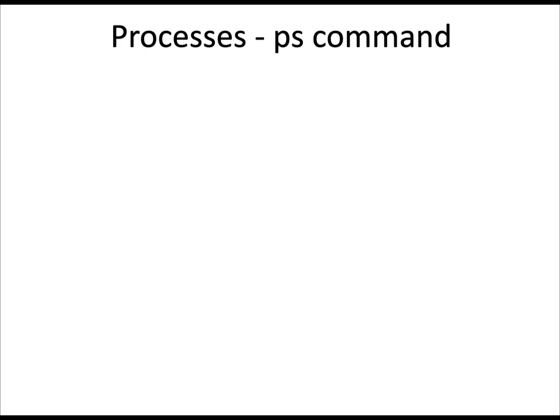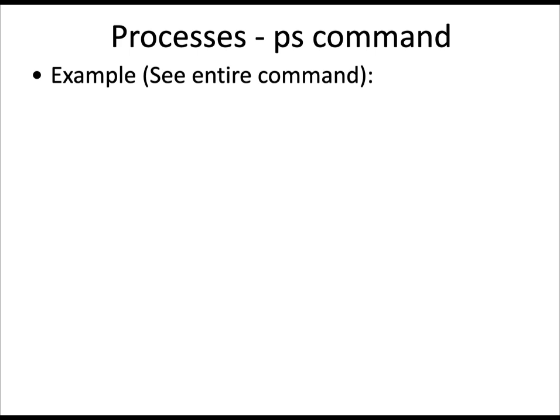Now, sometimes when we issue the ps command, in trying to make it look right, it truncates the command that is running, and usually that's a relatively long path name. So if we wanted to see the entire command, we do that by adding the ww option. w means wide, ww means really wide, or show me everything regardless of how wide it is.